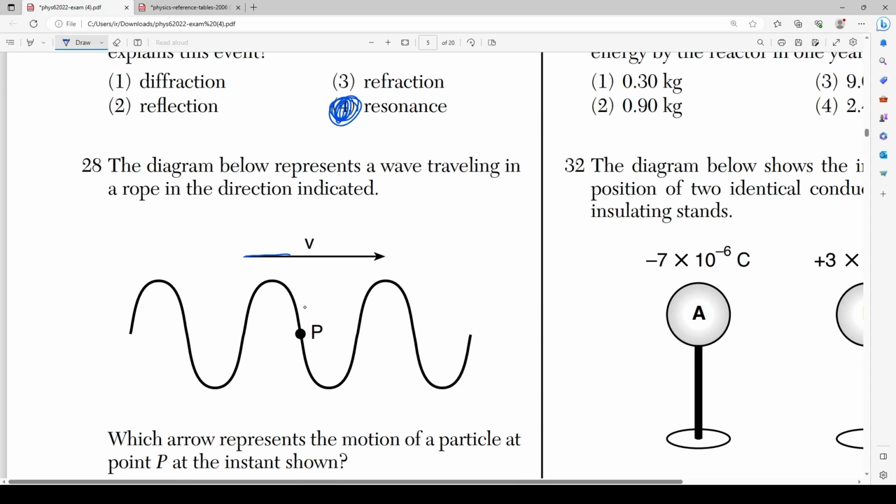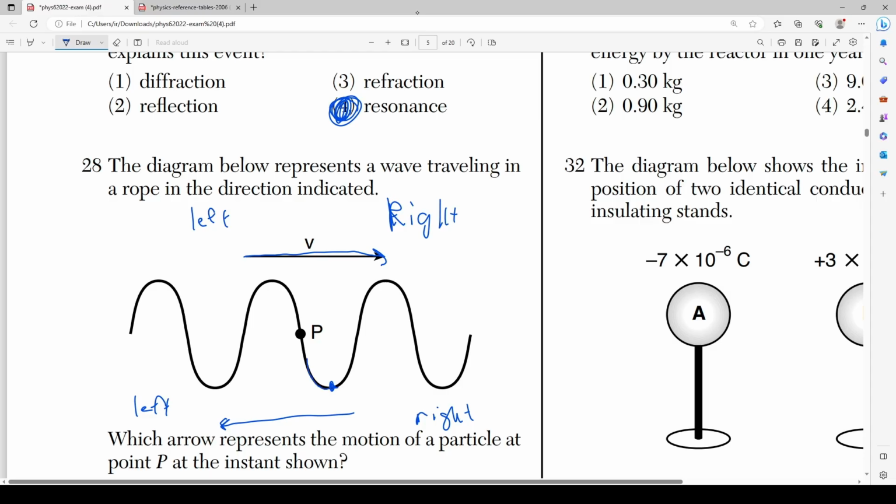First of all, they're always going to tell you the velocity. So we know that our wave is going from left to right. So I'm going to draw an arrow opposite that direction, from right to left, and I'm going to look at this graph from right to left, before point P. I'm starting at the right and just tracing it.